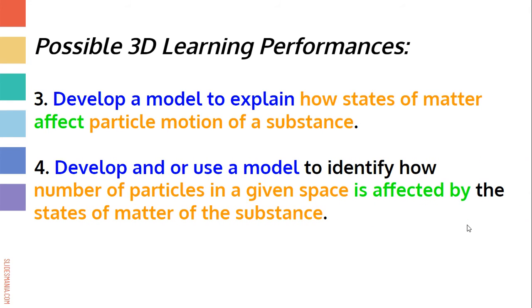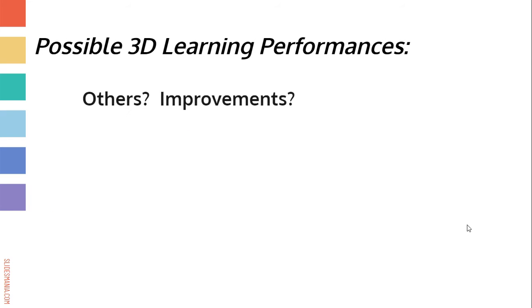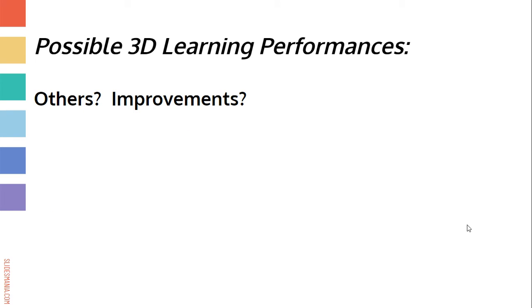And develop and or use a model to identify how number of particles in a given space is affected by the states of matter of the substance. All of those are small, targeted learning performances that you could easily give students activities to do to meet them. Now you see, when you take all 4 of these and you put them together, you could probably meet the big standard. Now you might have some gaps, but you're going to identify those and fill those in.